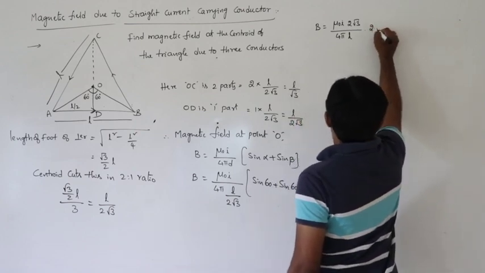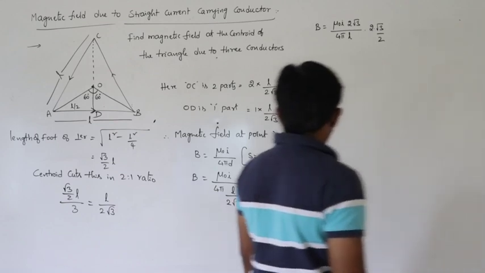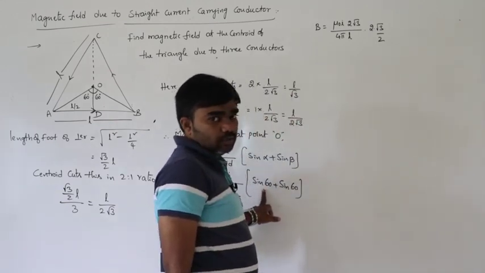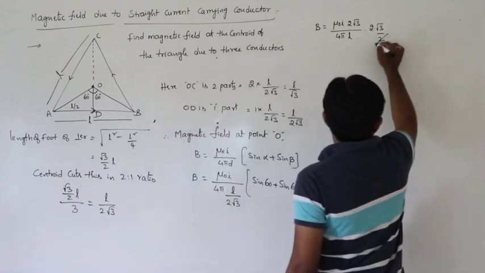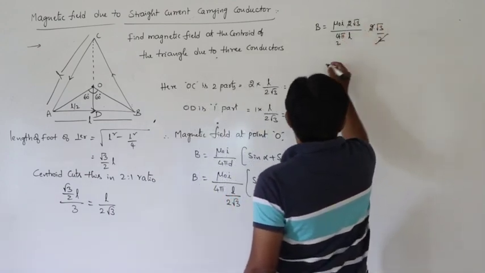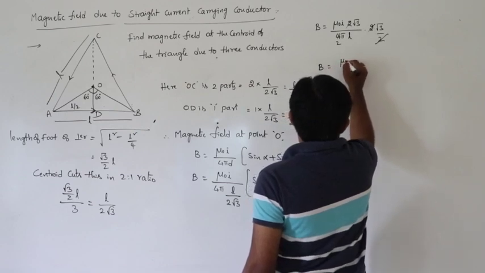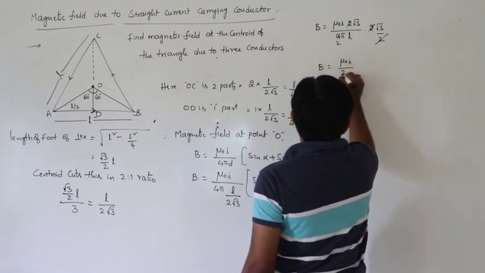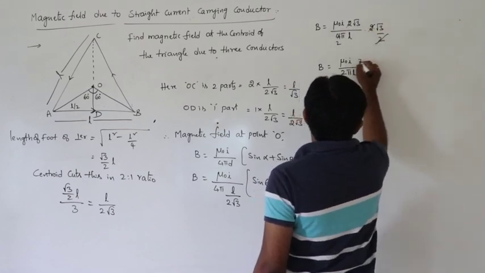So 2 into root 3 by 2, because sin 60 value is root 3 by 2, root 3 by 2 plus root 3 by 2, 2 into root 3 by 2. So 2 gets cancelled. So B is equal to mu naught I by 2 pi L, root 3 into root 3, 3.